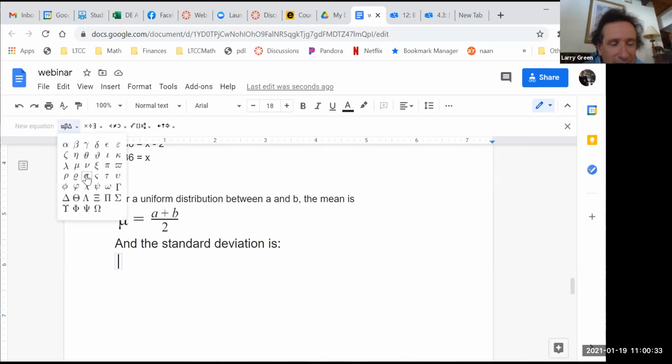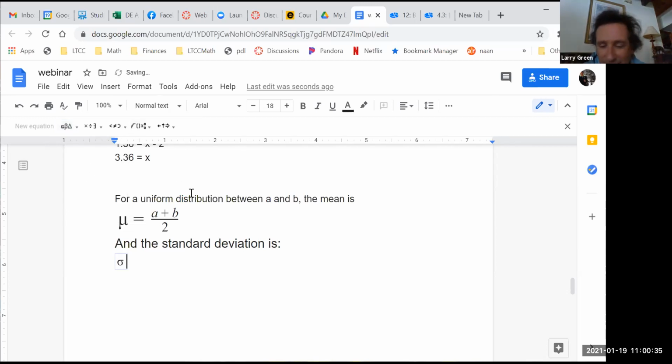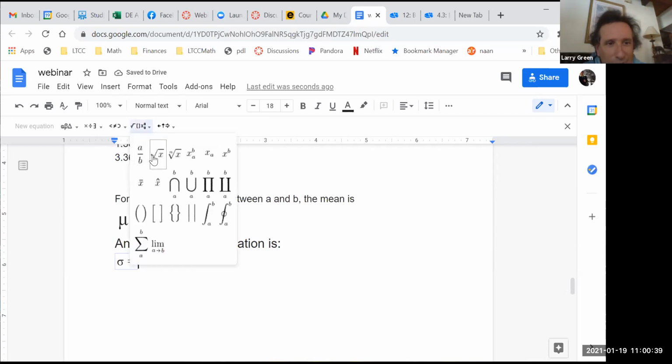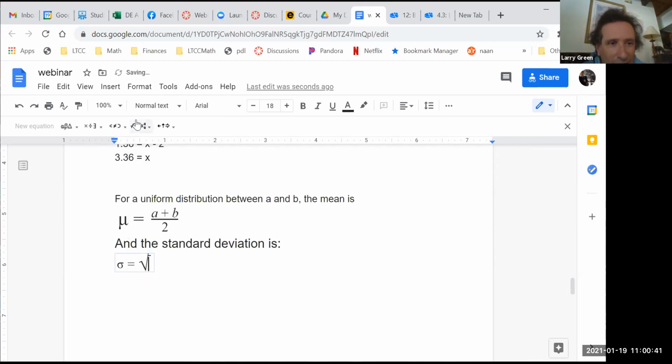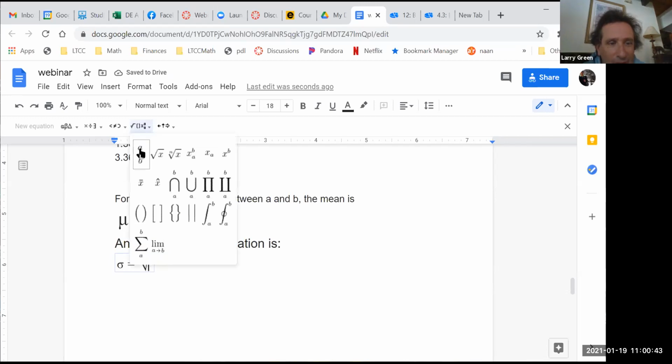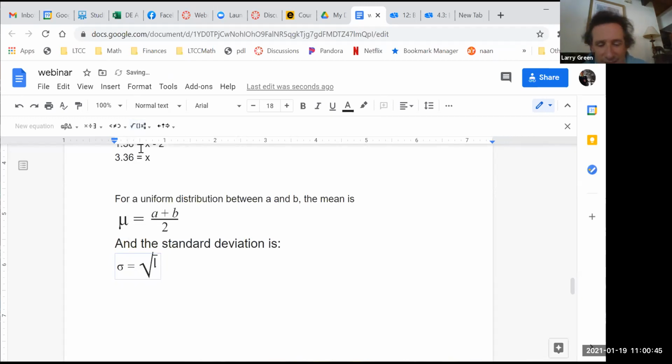So sigma is equal to the square root of the fraction (b minus a) squared, all over 12.